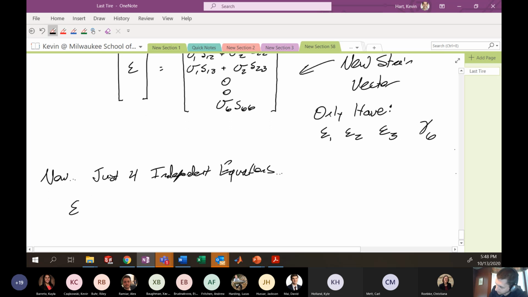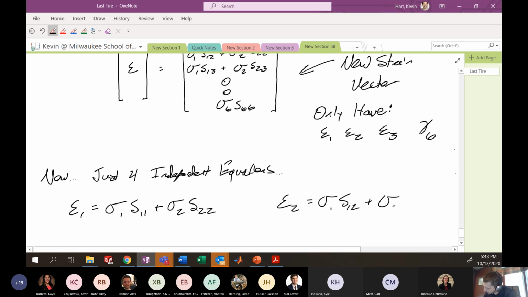Which is something like the strain in the one direction is sigma 1 S11 plus sigma 2 S12. Epsilon 2 here is sigma 1 S12 plus sigma 2 S22. Sorry, it's a mistake before, it should be S12.